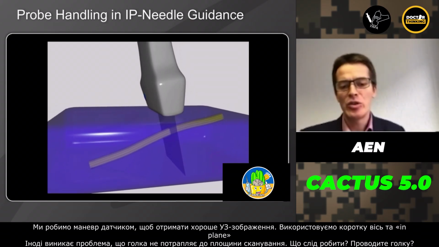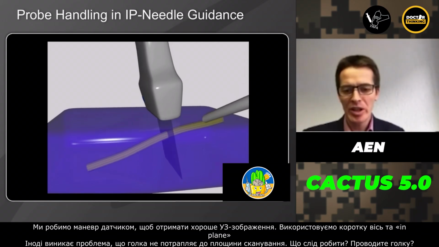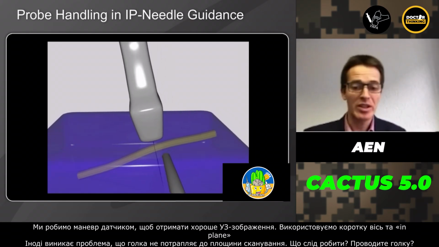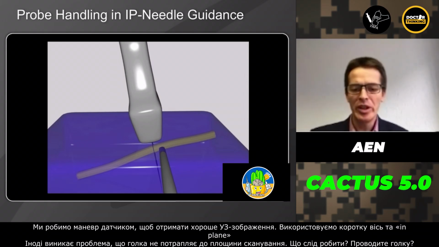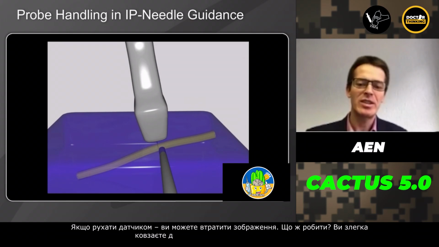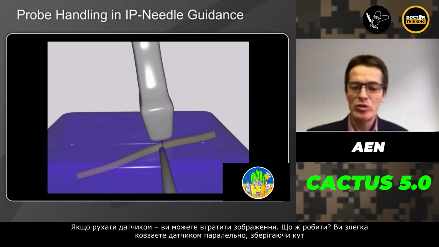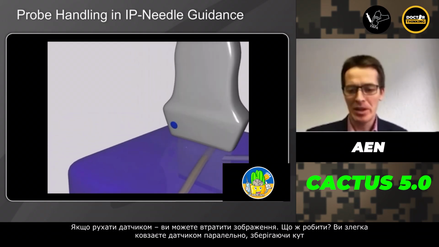And then using a short axis and in-plane approach, it may happen that for some reason the needle is not in the scanning plane. So what do you do? Do you move the needle? If you tilt the probe, you may lose your image. So what you do instead is a little parallel sliding of the probe, keeping the angle.